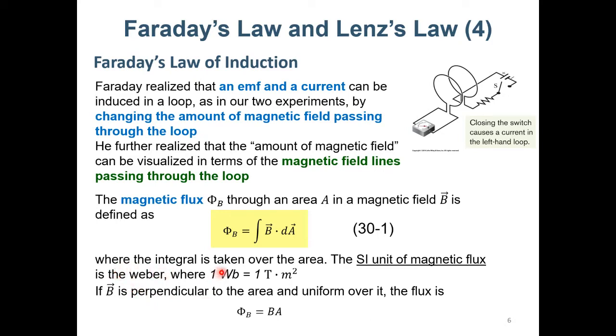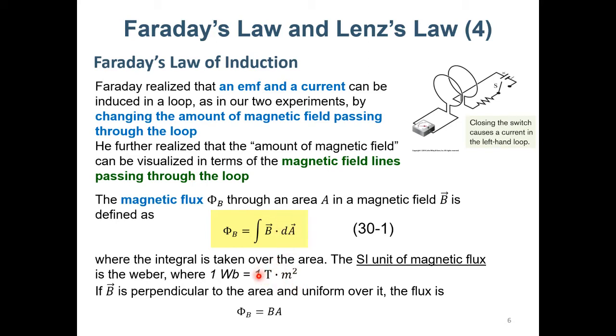While the integral is taken over the area, the SI unit of the magnetic flux is the Weber. For the magnetic field, we use the Tesla. So the SI unit for this one is Tesla times area, which is meter squared.